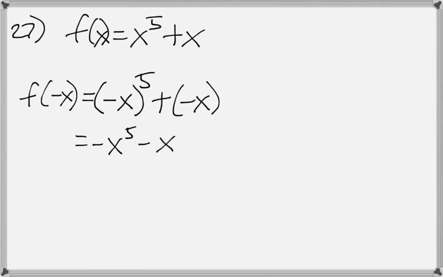So if I compare this function to the original, I've plugged in negative x and I've simplified it. Every single sign is opposite, meaning I have x to the fifth and a negative x to the fifth. I have plus x and I have minus x, comparing the two functions.